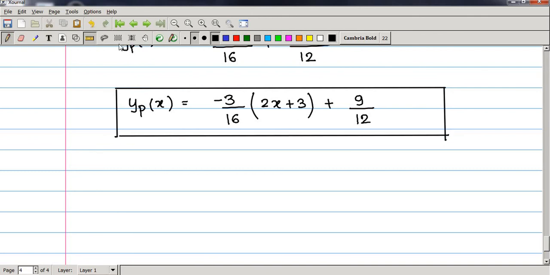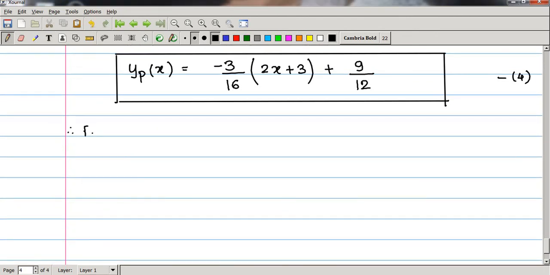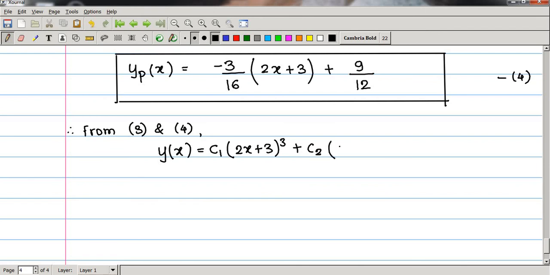We can denote this particular integral by equation number 4. Therefore, from equations 3 and 4, the required general solution in terms of x will be c1 (2x plus 3) cubed plus c2 (2x plus 3) raised to minus 1.